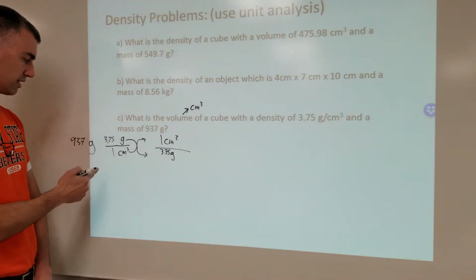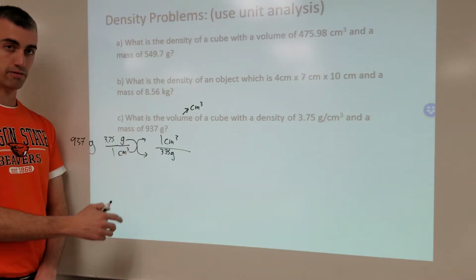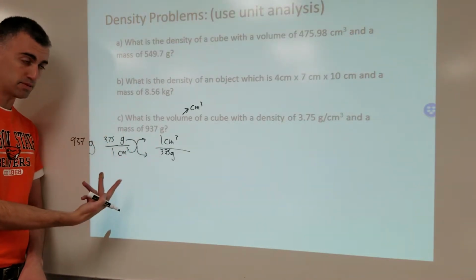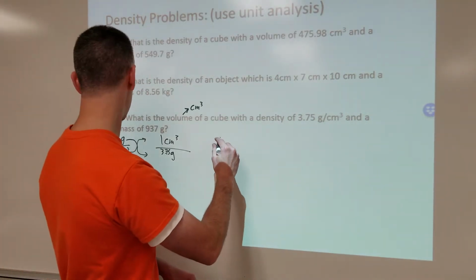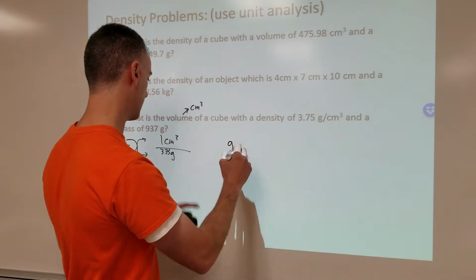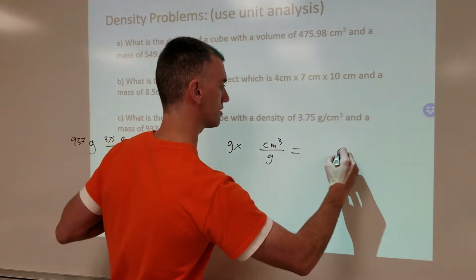So before we said 1 cubic centimeter is 3.75 grams. We're still saying 1 cubic centimeter is 3.75 grams. We've merely flipped the units upside down. Why? Because I want to be able to do this: grams times centimeter cubed over grams equals centimeter cubed.